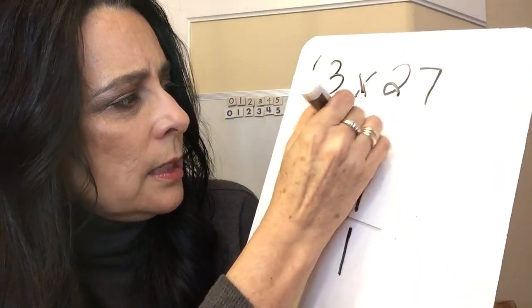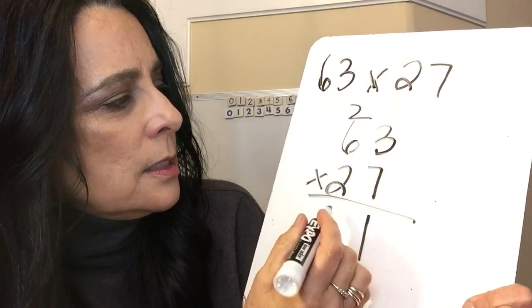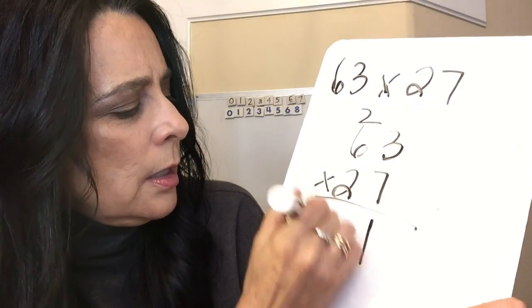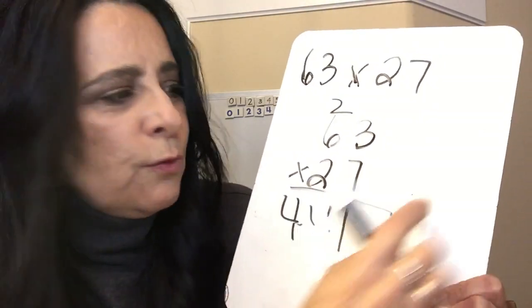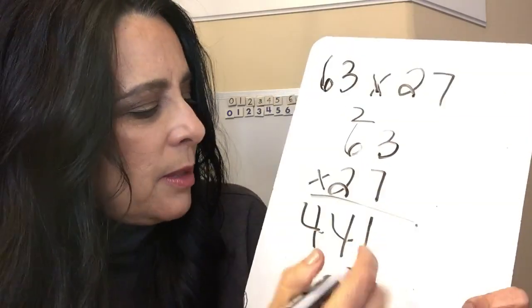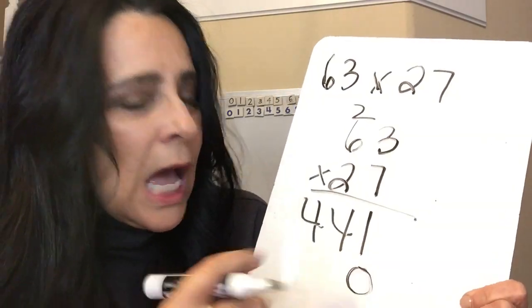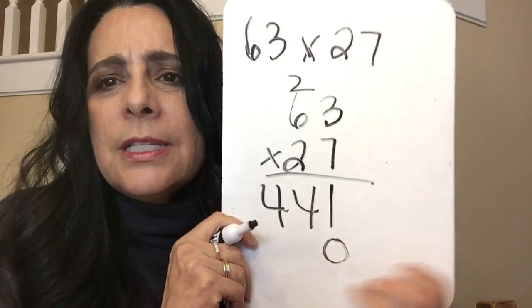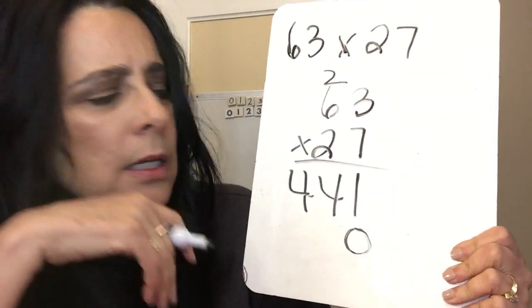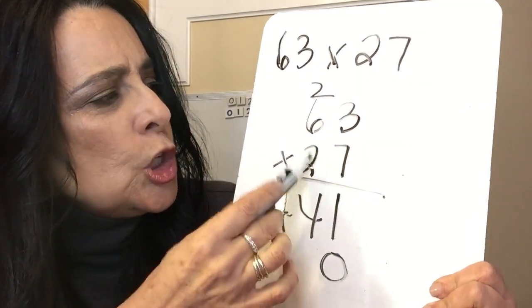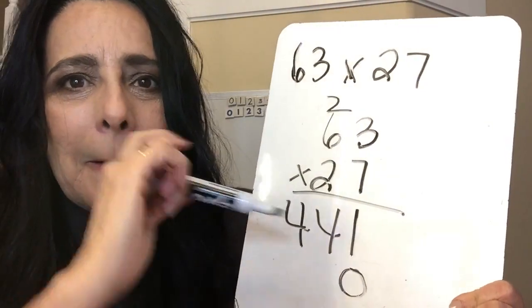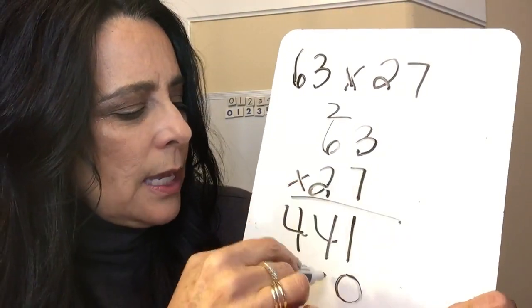This is 21. That is, let's see, 42, 44. You can see where this 44 would have shown up in our other problem. Then we put a 0 here. I never knew why we put a 0 there. I just knew we did. It's right here because this isn't 2 times 3, right? This is 20 times 3.